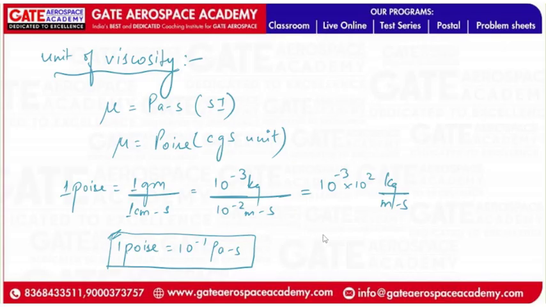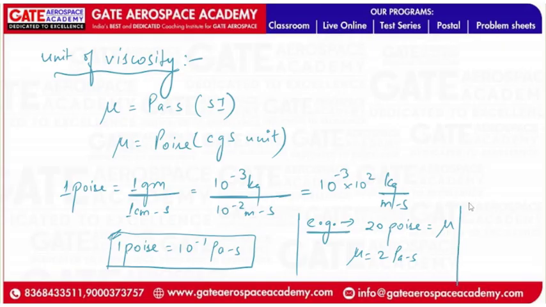For example, let's say we have 20 poise as a value of mu, then it will be 2 Pascal second in SI unit. So the conversion goes like this.